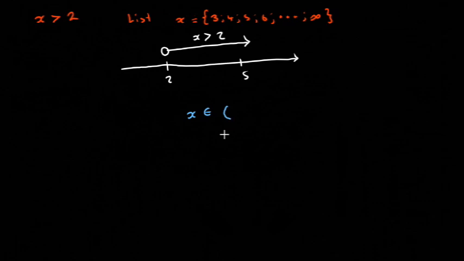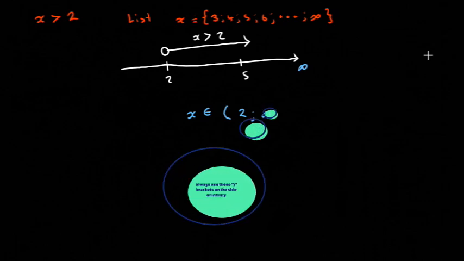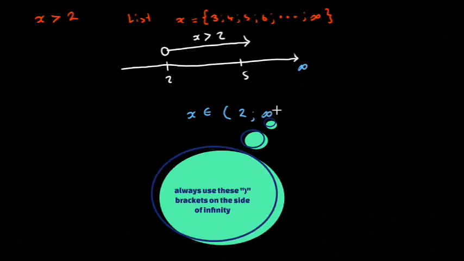Then we start at 2 up to what? Up to infinity, because we keep on going until we get to infinity. Infinity is not a number, but we are saying we are getting bigger, as big as we don't know. Then we also close it right here.